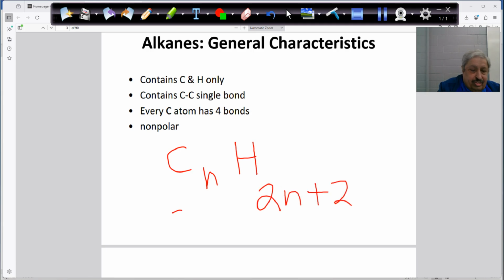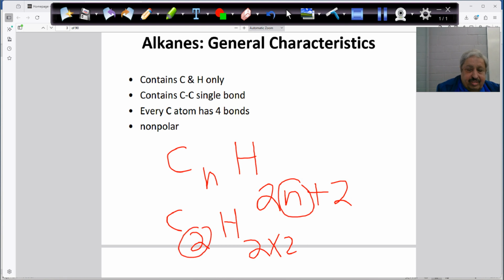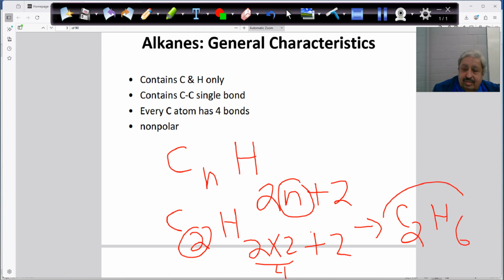So if carbon is 2, then hydrogen will be 2n, 2 multiplied by 2, plus 2. So this one here will be C2H6. So we can see the general formula for alkanes.